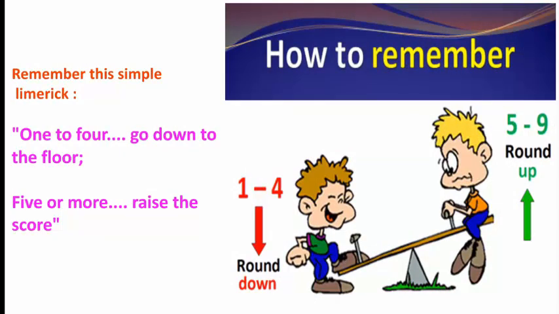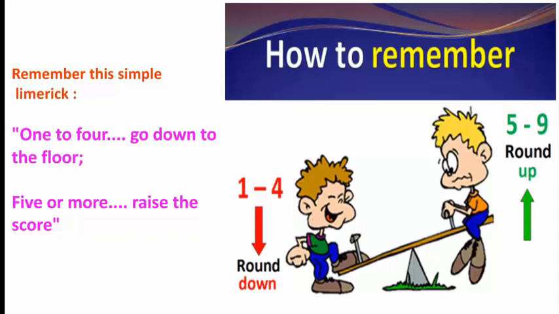This rule we can remember with the help of one simple limerick. Clear, children? Look at this picture. Here, two boys are playing on a seesaw. If the score comes 1 to 4, go down to the floor. If the score comes 5 or more, raise the score.